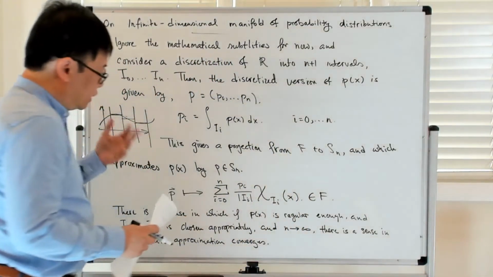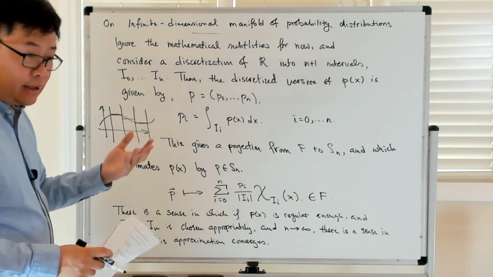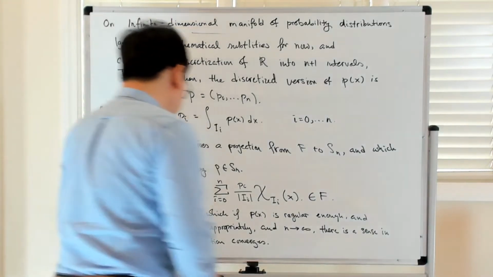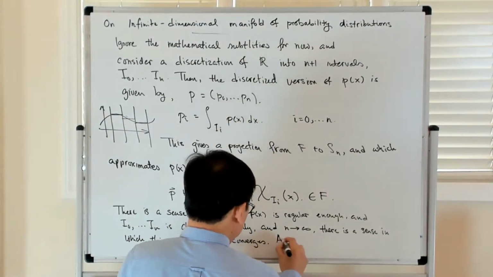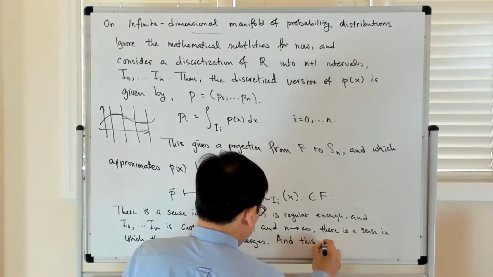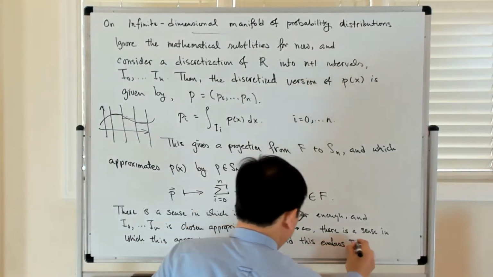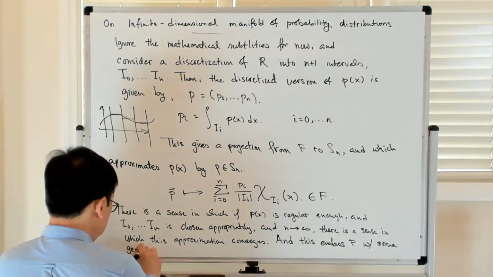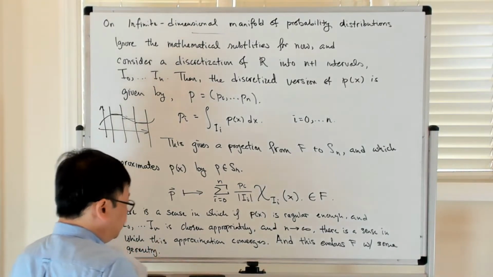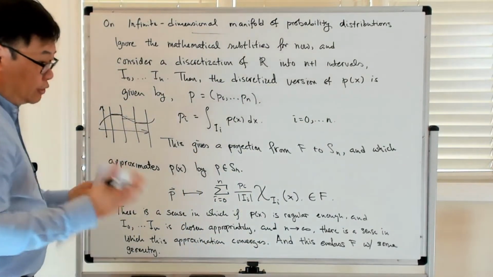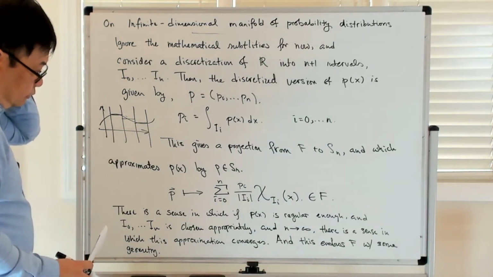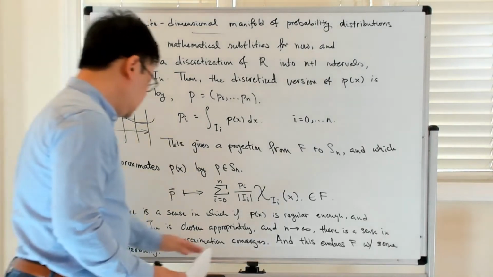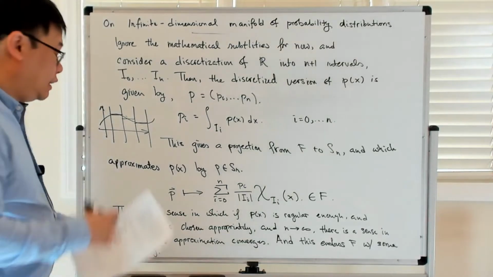You can then imagine that that notion of convergence endows the original function space f with some sort of geometry. If you recall, this issue of geometry and topology is going to affect issues like convergence and what have you.